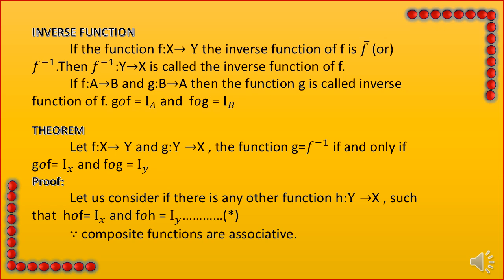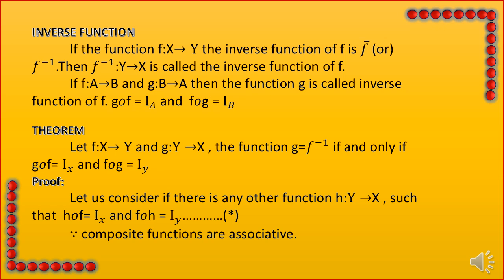The function f is a function from X to Y. The inverse function of f is f bar or f inverse. Then f inverse is a function from Y to X, called the inverse function of f. If f is a function from A to B and g is a function from B to A, then the function g is called the inverse function of f if g composition f is equal to I_A and f composition g is equal to I_B.